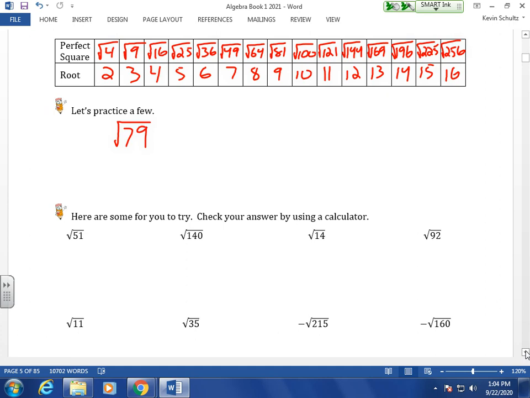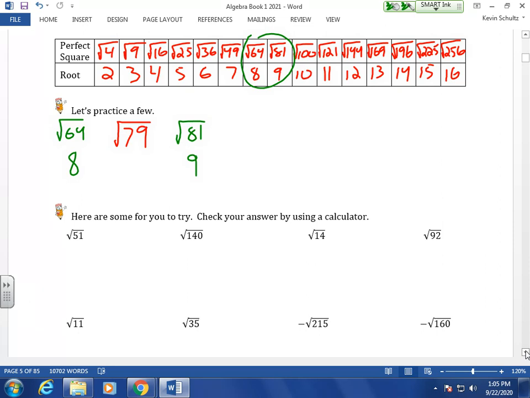So the root of 79, what two perfect squares does the root of 79 fall between? What's the next smallest perfect square? What's the next largest perfect square? 64 and 81. Well, okay, so root 64 and root 81, which have values of 8 and 9.